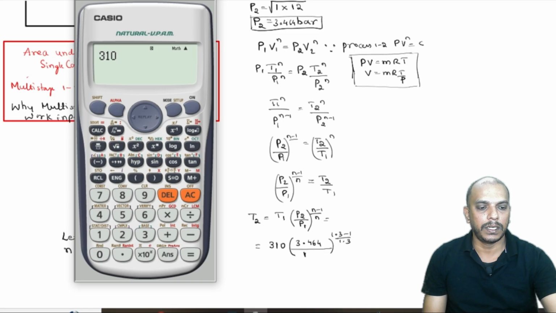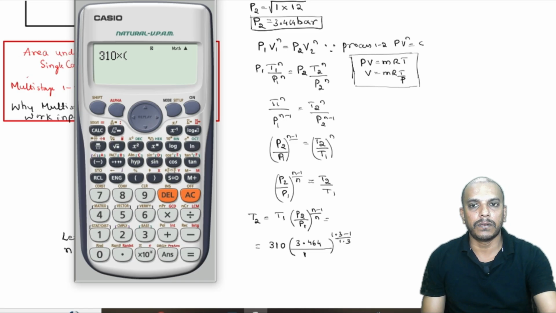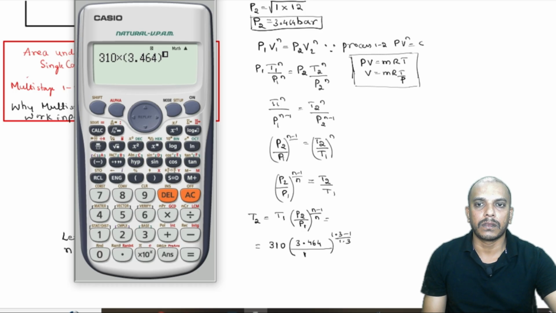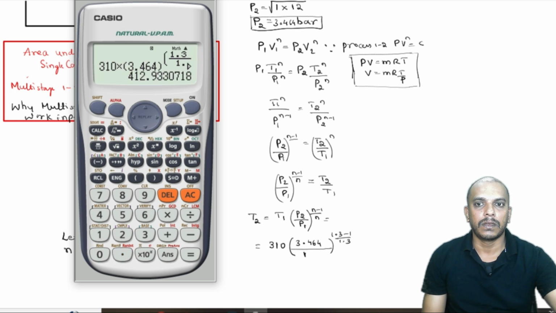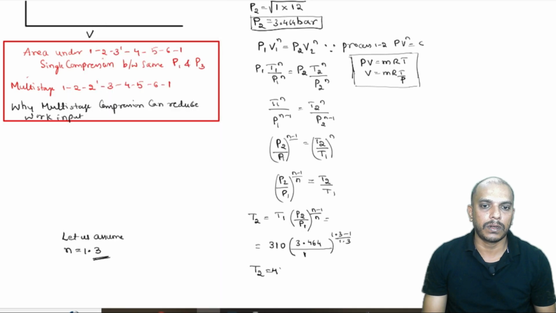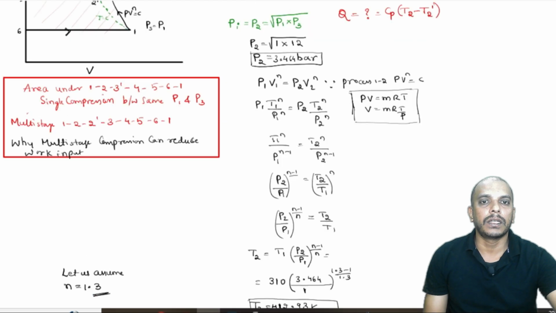So, 310 into 3.464 divided by 1, that is the same 3.464, to the power (1.3 minus 1) divided by 1.3. So, 412.93 Kelvin. So, T2 is found out.